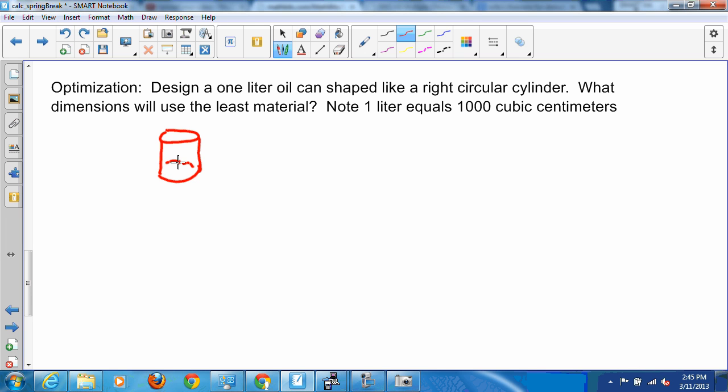Okay, so something similar to that. Note that the volume of this is what? Pi r squared times h. And we know that this is equal to 1,000 cubic centimeters.